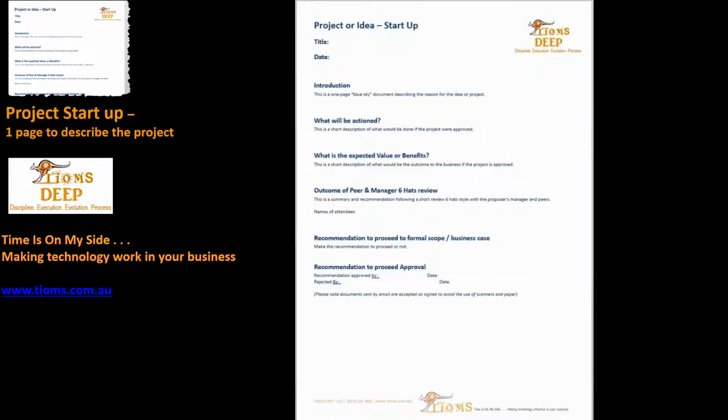You just want to get down on 1 page, 1.5 pages at the most, some information about the project or idea so that you can kick it around with your peers and your managers just to see if it's worth spending any time and or money on.